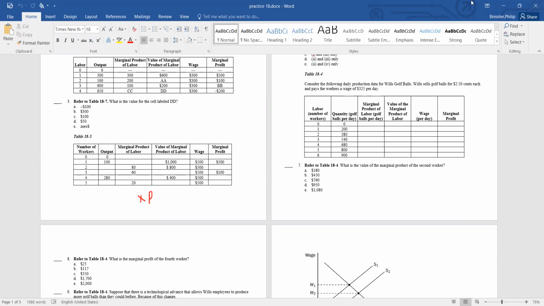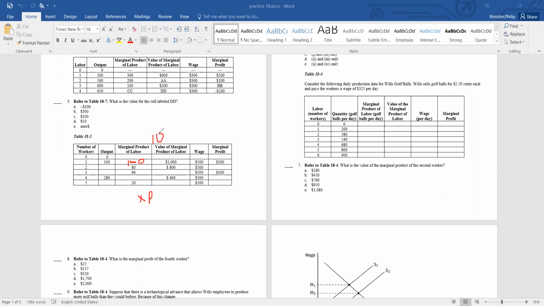I'm going to show you how you could find each one, and then tell you that you should fill out the whole chart. So this is going to be 100. Remember, I said the marginal product of labor times price equals VMPL. So I have 100 times X equals 1,000. 100X equals 1,000. So the price is going to be 10.